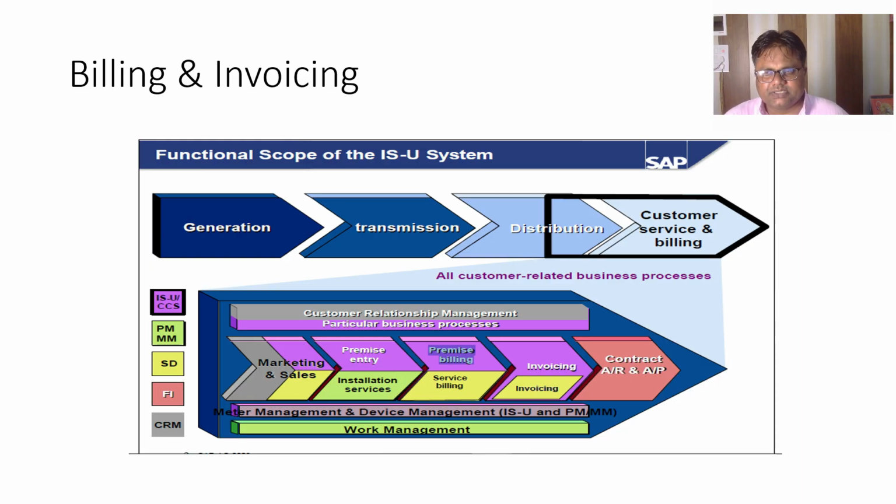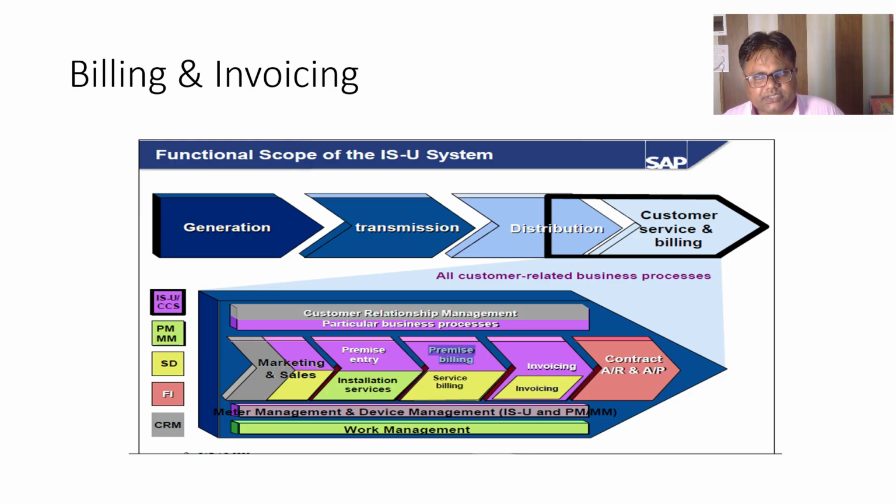When the customer starts consumption, we take the meter readings and we do the consumption billing to the customers. So we do the billing, and then after that we do the invoicing. Once we send the invoice to the customer and the customer makes the payment, we take that payment in account receivable and account payable.